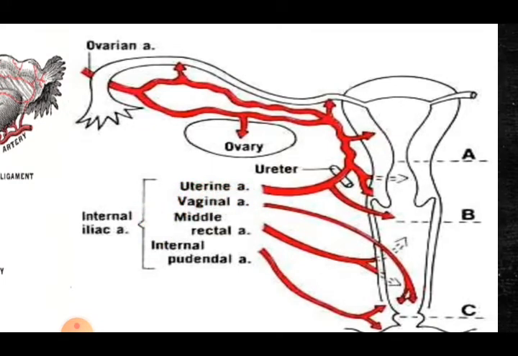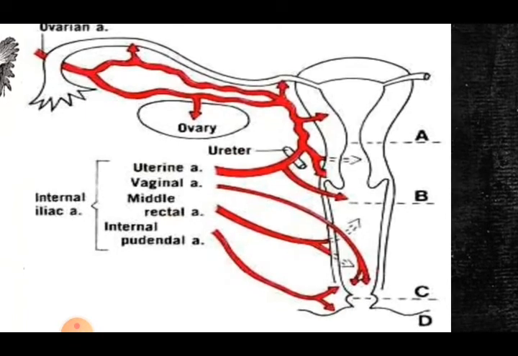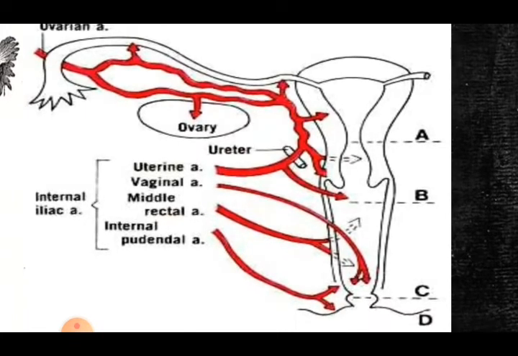These are the branches of the internal iliac: uterine artery, vaginal artery, the middle rectal artery, and the internal pudendal artery. So the uterine arteries and the vaginal arteries are going to supply the vagina, and they will form an arterial plexus around the vagina.